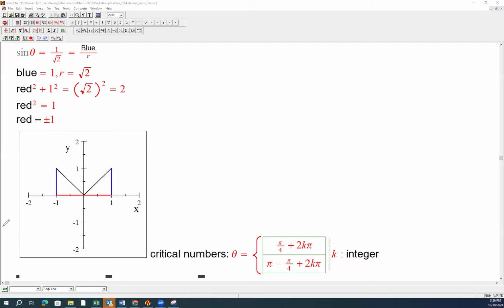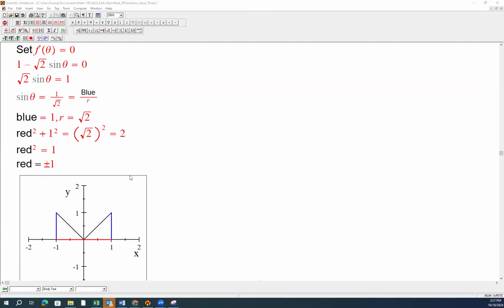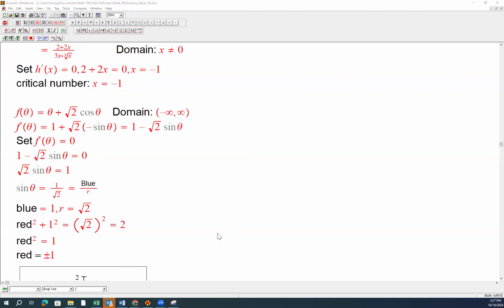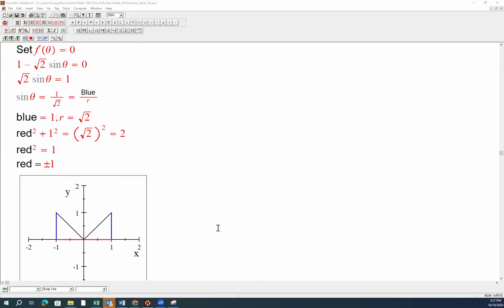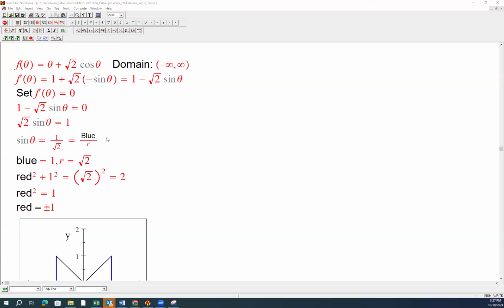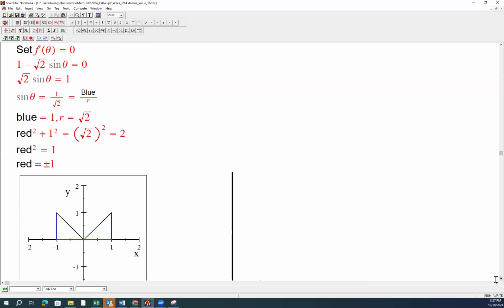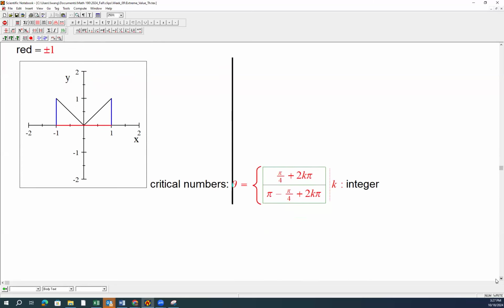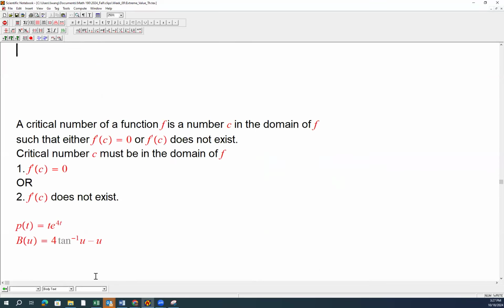You can see in the case of a trigonometry situation, we can apply our trig knowledge to identify all the critical numbers. In this case, we have an infinite number of critical numbers.